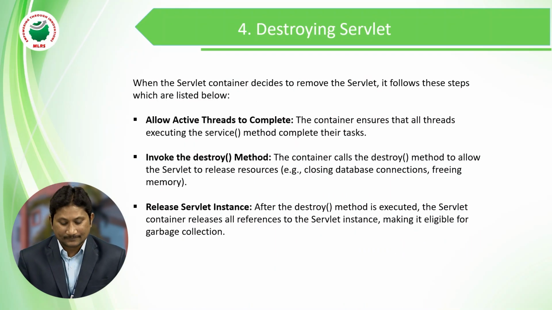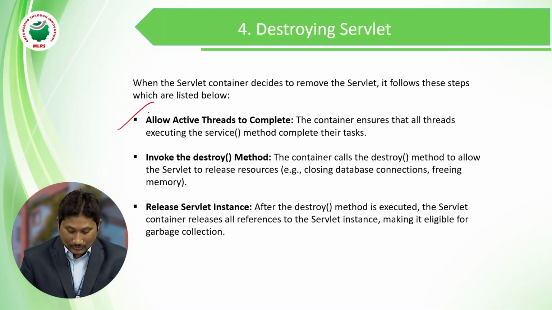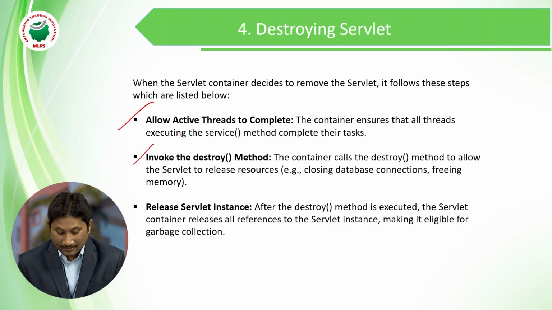Destroying the servlet. When the servlet container decides to remove the servlet, it follows these steps: allow active threads to complete, invoke the destroy method, release servlet instances. The container ensures that all threads executing the service method complete their tasks.